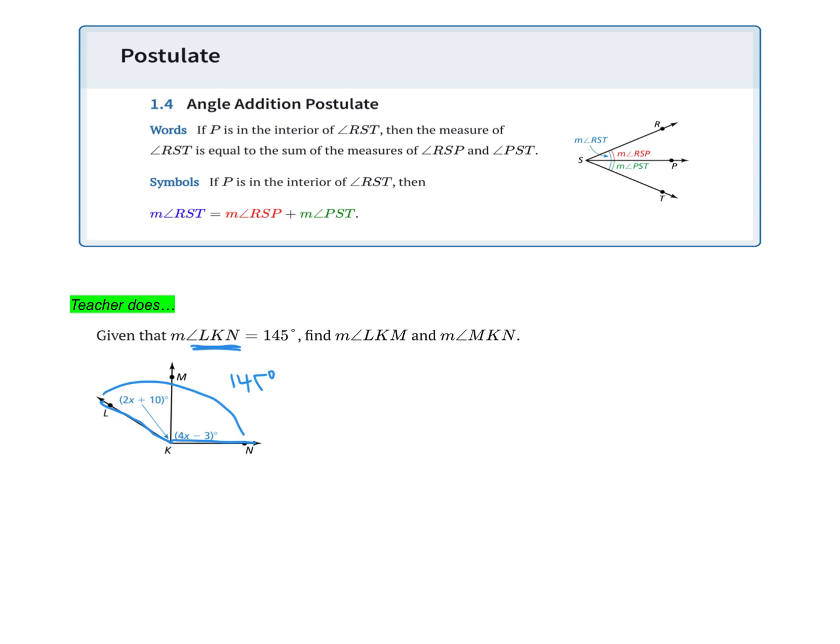Okay, all that postulate says is if I have a big angle like this, I can add up the 2 smaller angles to get the bigger angle. That's all it's saying. So if I take that 2x plus 10 and I add it to the other angle, 4x minus 3. So I'm taking small angle, add small angle. It should give me the entire angle.